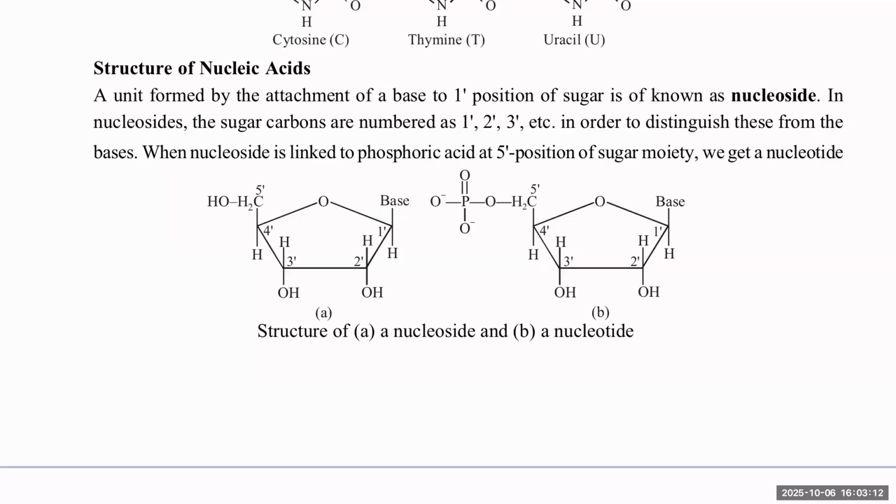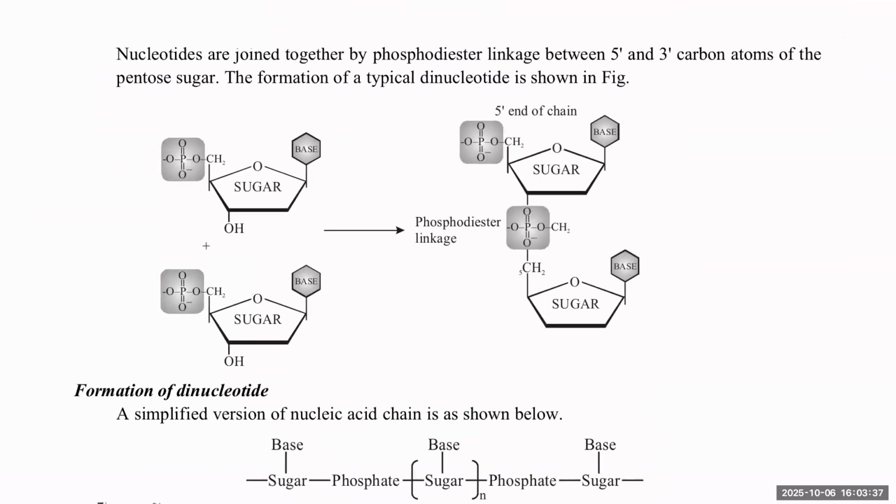And when the nucleoside is linked with phosphorus at the fifth position, we make a phosphate ester. So the side has become tide. Understood now? The nucleoside has become a nucleotide. In total, this is the structure we have: a sugar, a base, and a phosphoric acid.